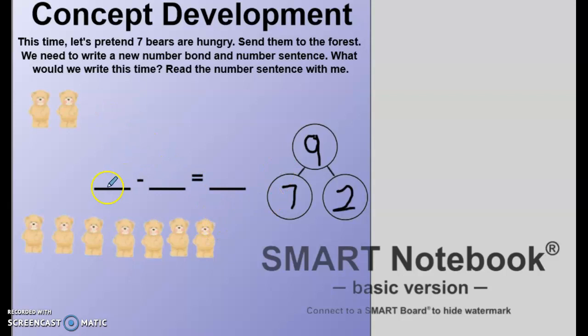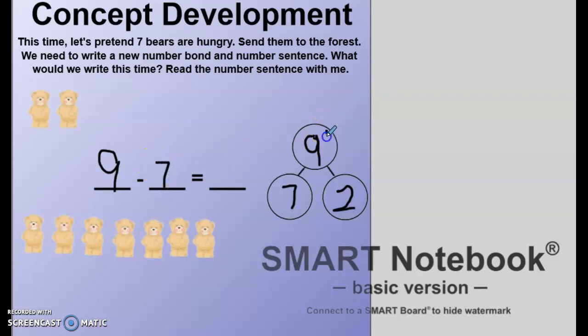Okay, whole, which I look over here if I need help, or I can count my bears. I have 9. 9 minus 7 bears walked away. There's 7 bears here. 1, 2, 3, 4, 5, 6, 7. Okay, 7's the other part in my number bond.